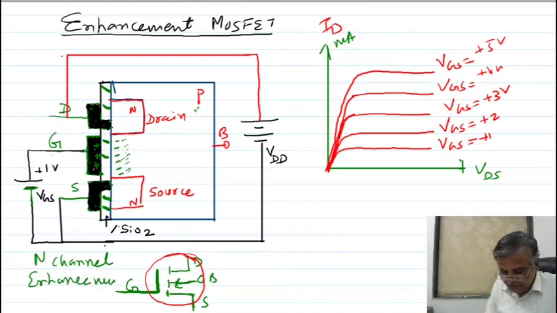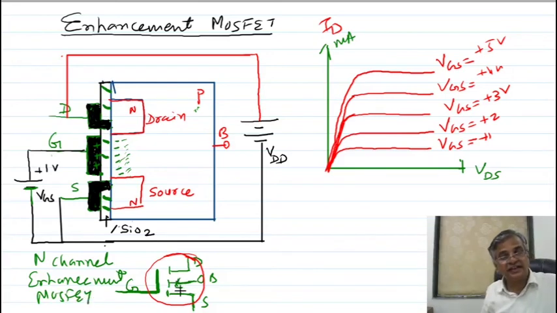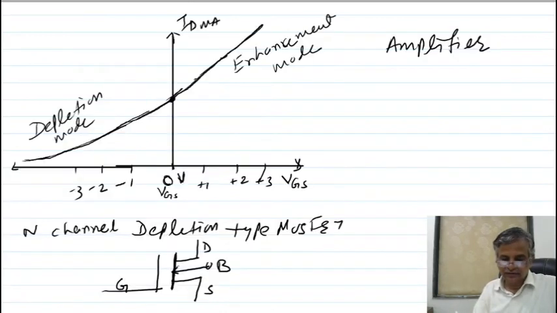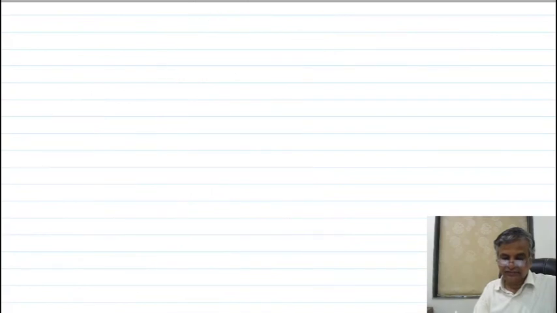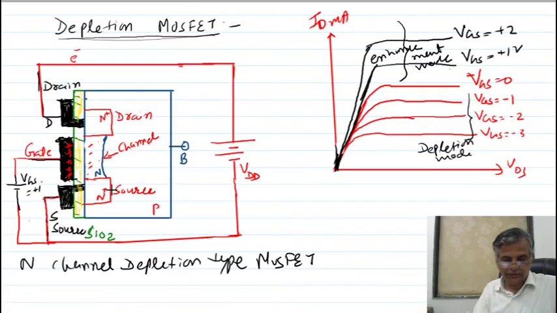enhancement type MOSFET. This is the symbol of the N channel enhancement type MOSFET. For P channel, the arrow will be reversed. So two things are important. One, the depletion type is used as an amplifier.